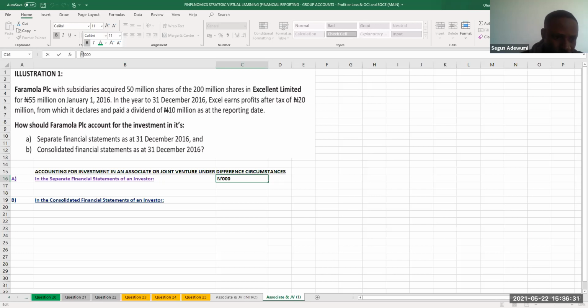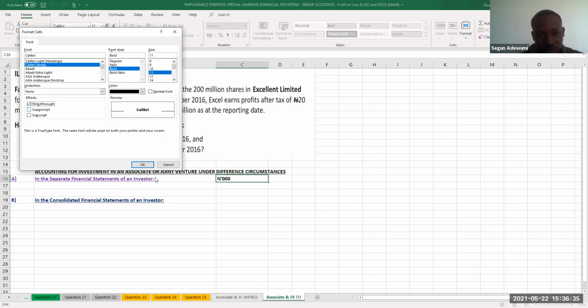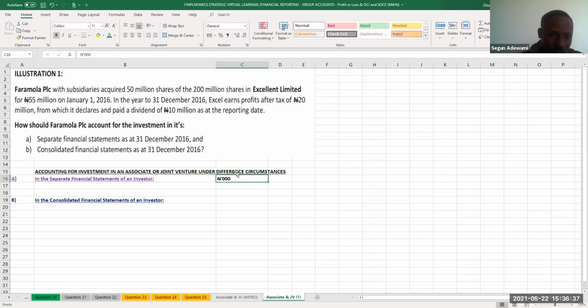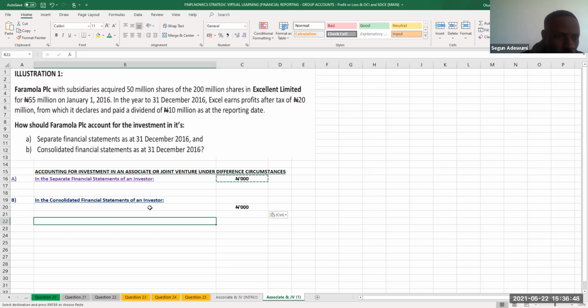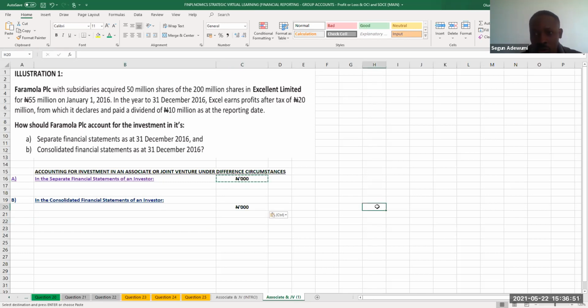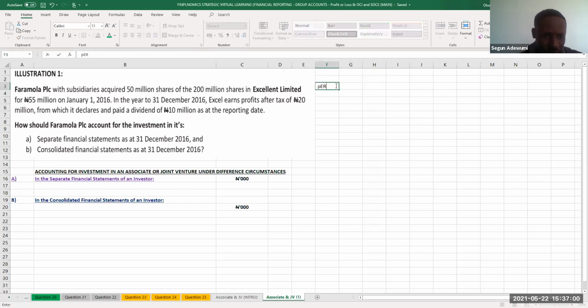Based on the earlier explanation, in the separate financial statement of an investor, it will be recognized at either cost or fair value. But we are given the cost of the acquisition, which is 55 million naira, and that is what will be recognized in the separate financial statement.